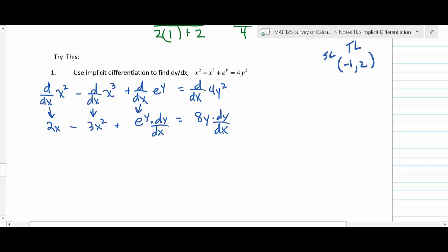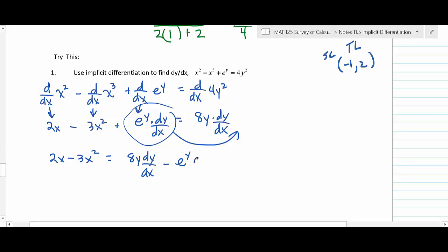Okay. Now what I did, I just thought it was easier to move this, because then I only have to move one thing. Those of you who moved the dy over dx to the left, you probably moved the 8y, then the x stuff, right? Which is okay. So what I'm going to do is just leave this as 2x minus 3x squared equals, and then 8y dy over dx minus e to the y dy over dx like that.